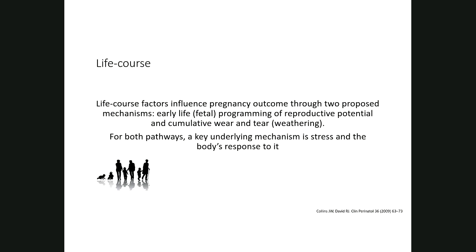Part of the theory behind why this might be has to do with life course factors. Life course factors influence pregnancy outcome using two different mechanisms. The first being early life or fetal programming of reproductive potential, and the second, cumulative wear and tear, best described as a hypothesis called weathering. For both of those pathways, the key to understanding the mechanism is stress and the body's response to it.